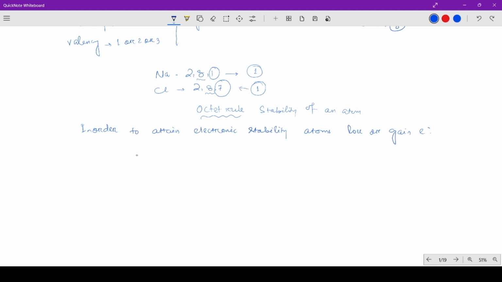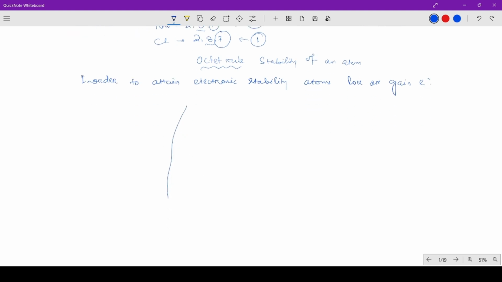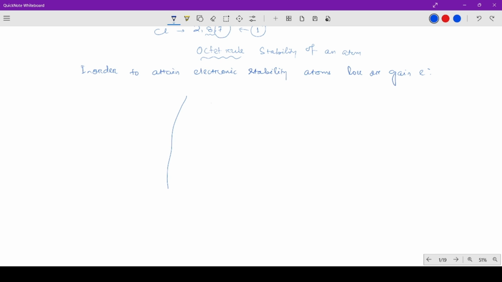So now let us understand the number of electrons in the valence shell, like 4, 5, 6, 7 and 8. For 4 I have to add 4, for 5 I have to add 3, for 6 I have to add 2, for 7 I have to add 1, and for 8 I have to add 0.